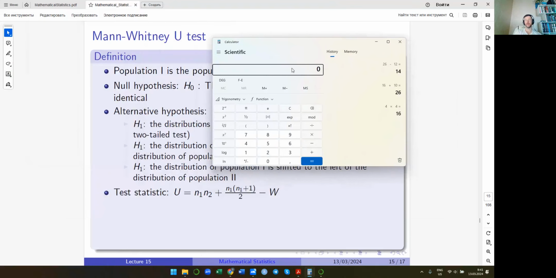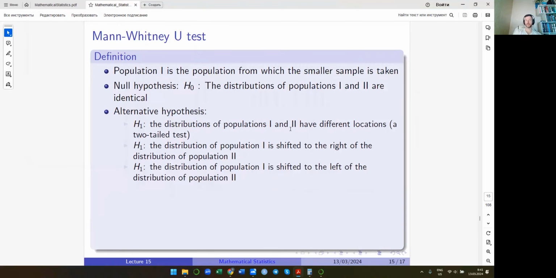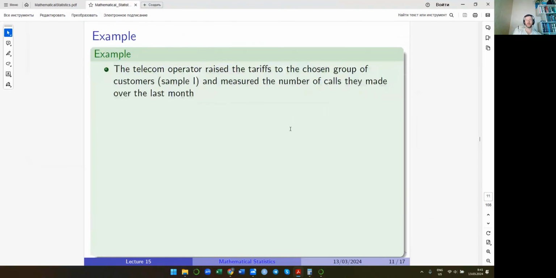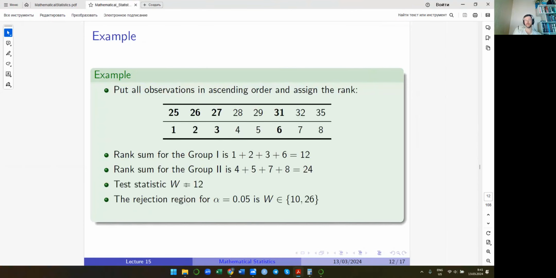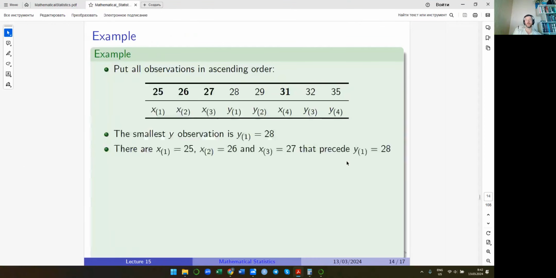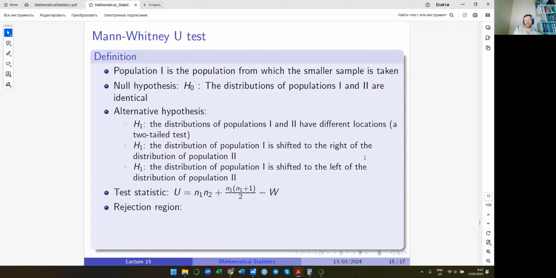Look, what was the W from the Wilcoxon test? W was 12, the rank sum for group 1. Okay, so W is 12. Here we have n1, 4, times n2, also 4, which is 16.